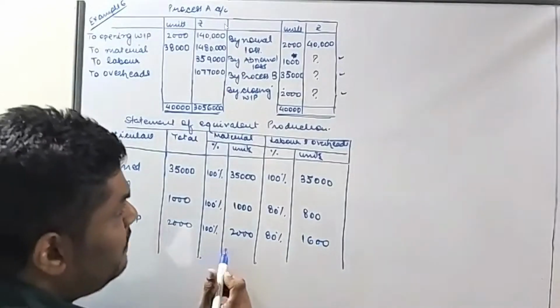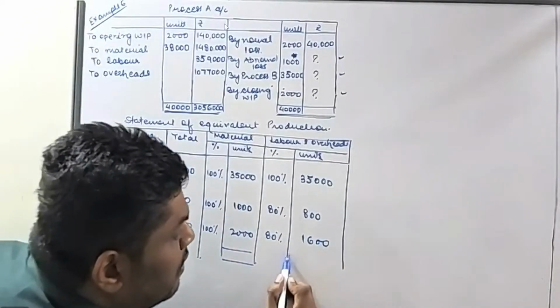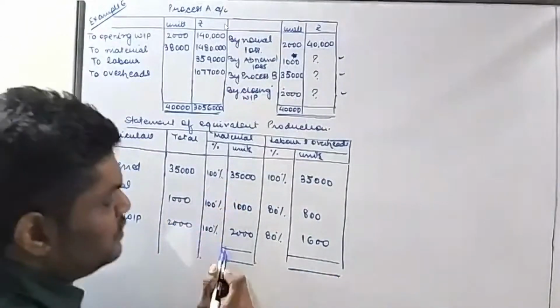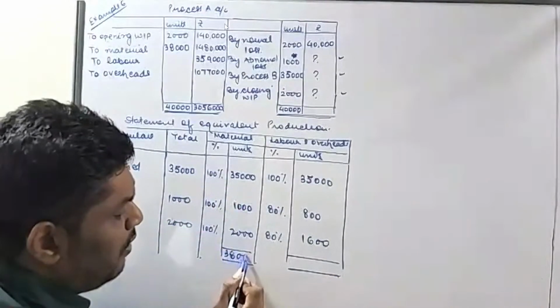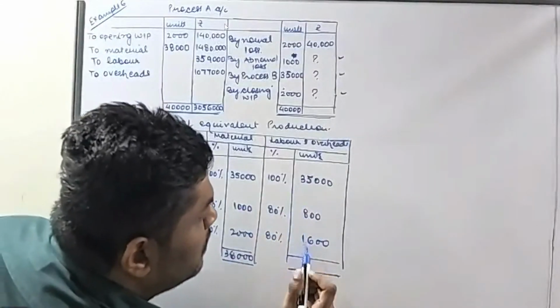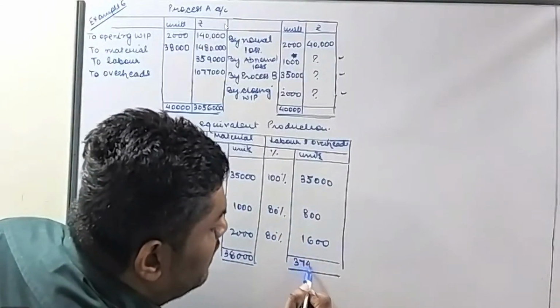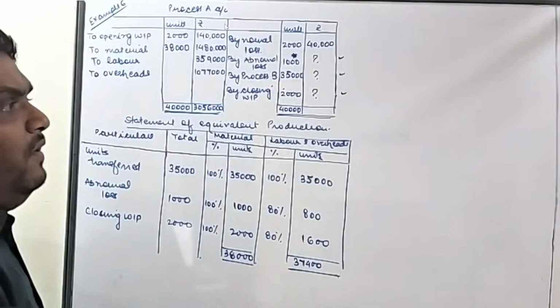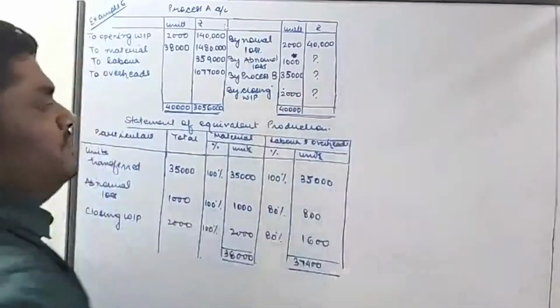So done with this statement. So 36 plus 2, 38,000. And this will be 37,400. So done with the statement of equivalent production now.